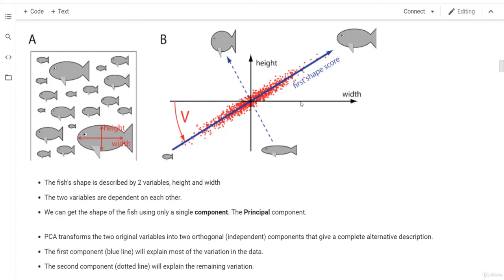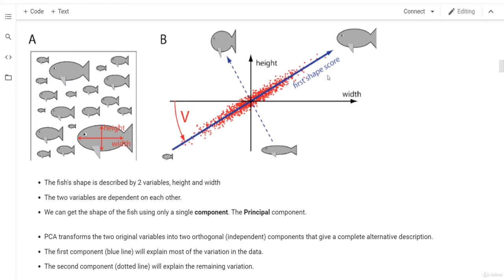So if we have two features, we will have how many components? Two components. If we have 10 features, we will have 10 components. The trick is we are going to use the first k components, because the first component will explain most of the variance. The second component will explain some of the rest of the variance that is not explained yet, and the third one will do the same, and the fourth one, and so on.